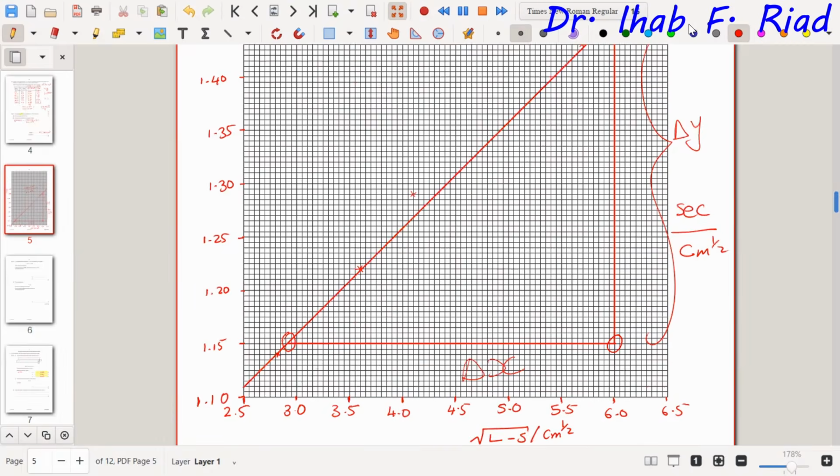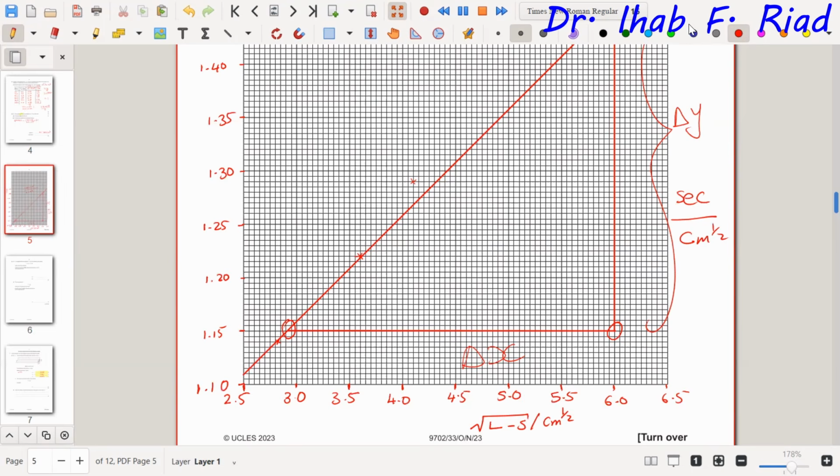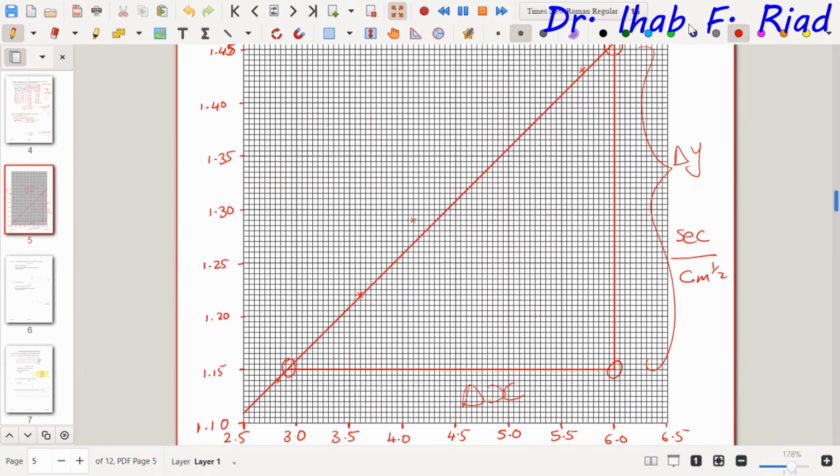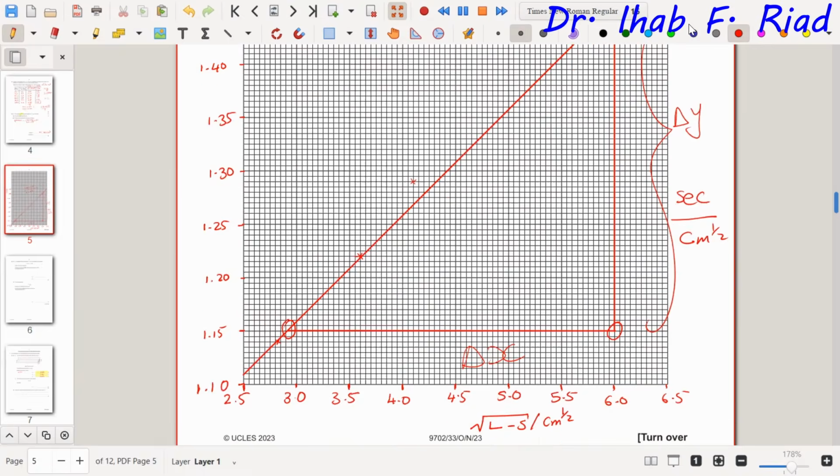So we are going to pick one point. The point I used, okay, it is something like I pick any point from around the line. The point I used is somewhere here.